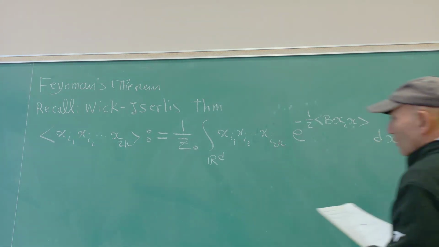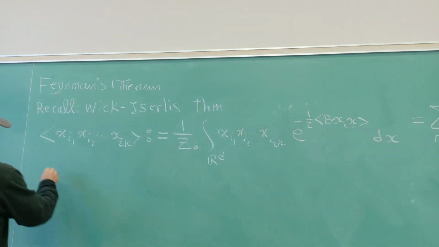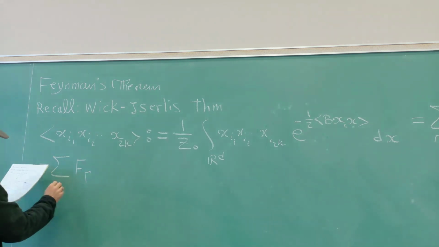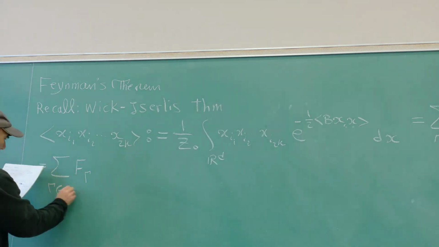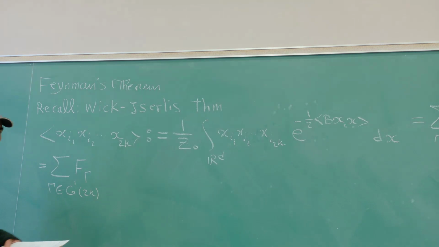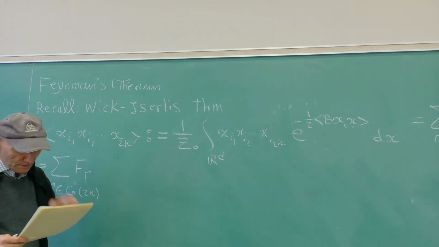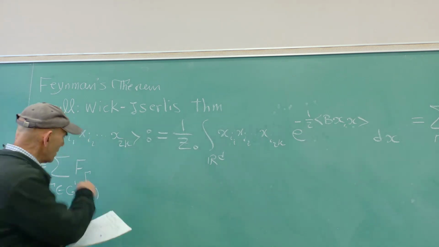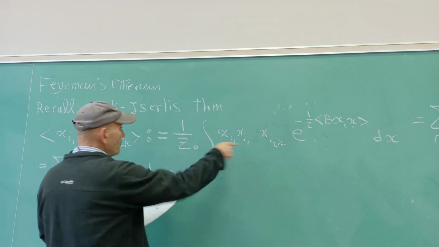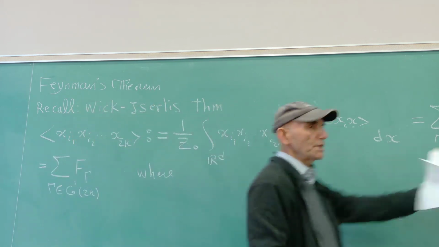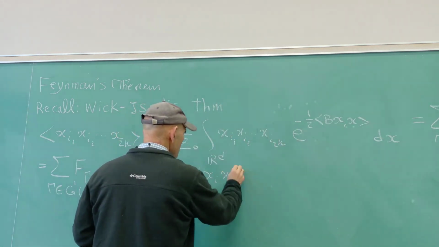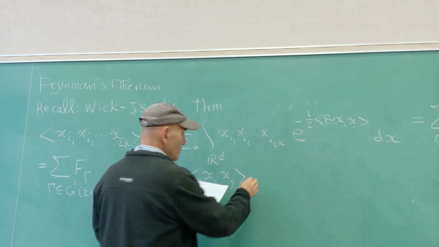So we saw that we can also write it in another form, which is more suggestive, which is a sum over gamma belonging to G1 to K. So the notation is as follows. First of all, let me start from the beginning: this 2-point function xi, xj that I'm using here, we calculated this.